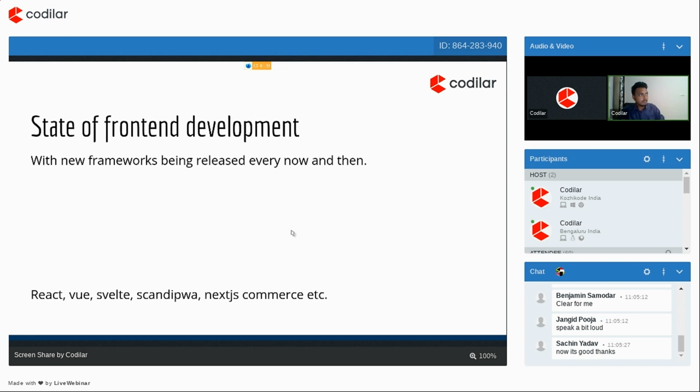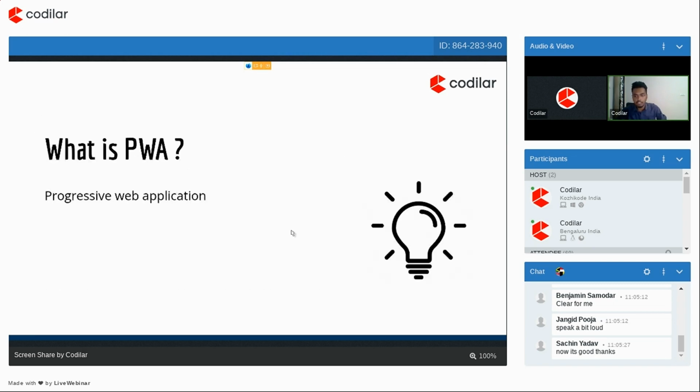So the solution for this is a PWA, a progressive web application. We take the best features that are available in the community, and we have something called a PWA. We build a web application in terms of making the website much faster and much more reliable.